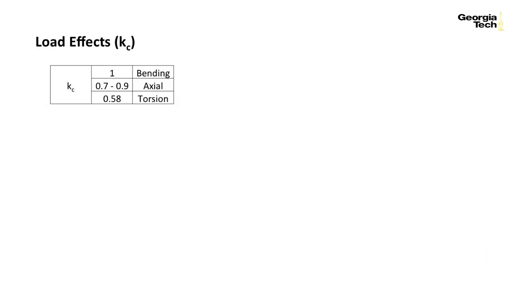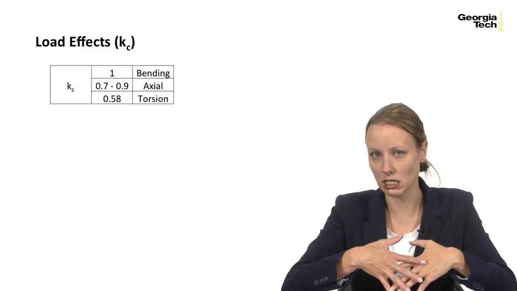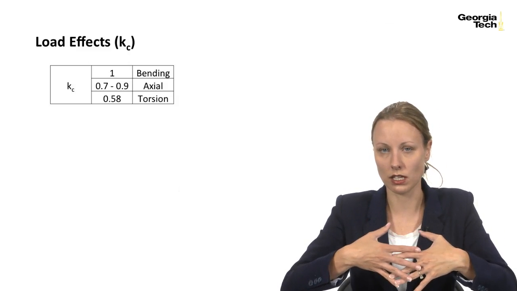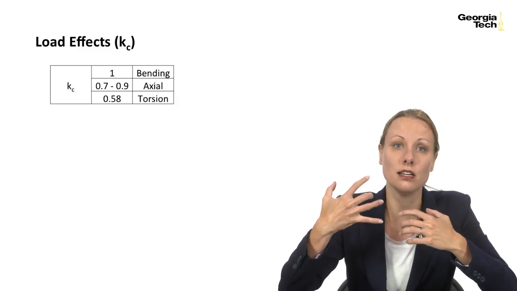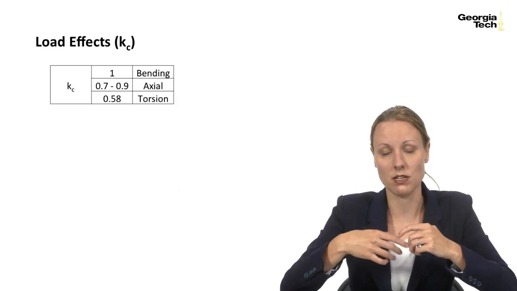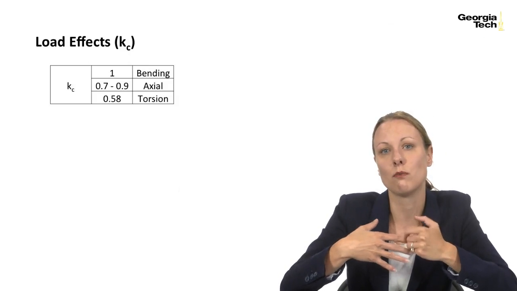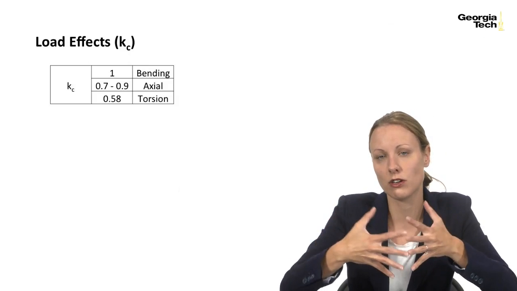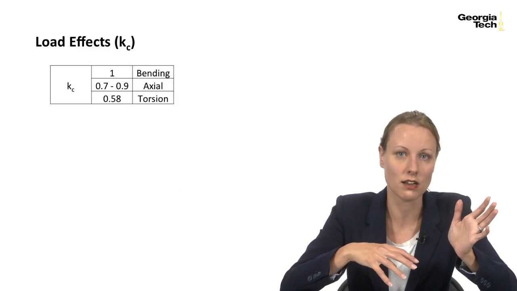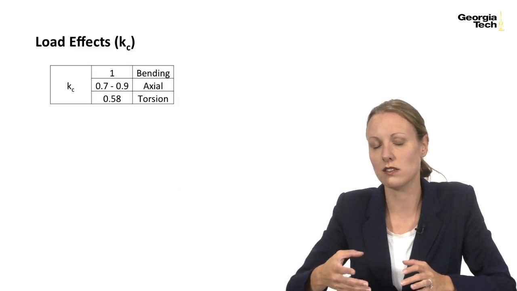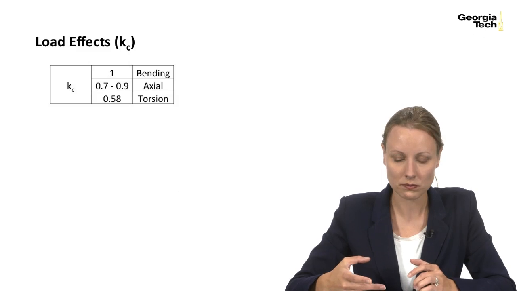Okay, so the next is load effects. Most of the testing done for endurance limits has been done in bending, in that rotating beam 4-point bending test. And so KC equals 1 for all bending tests, for specimens in bending, because most likely your test specimen is in the same type of loading as your actual operating specimen.